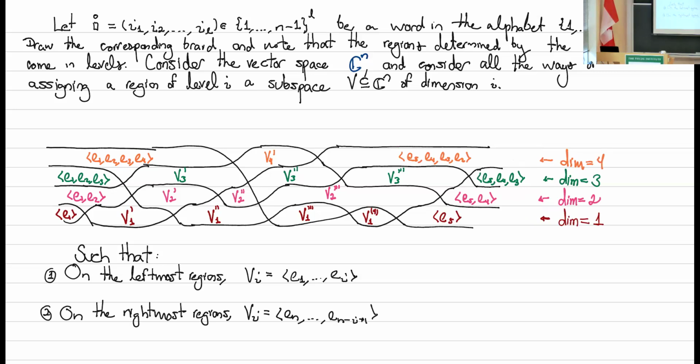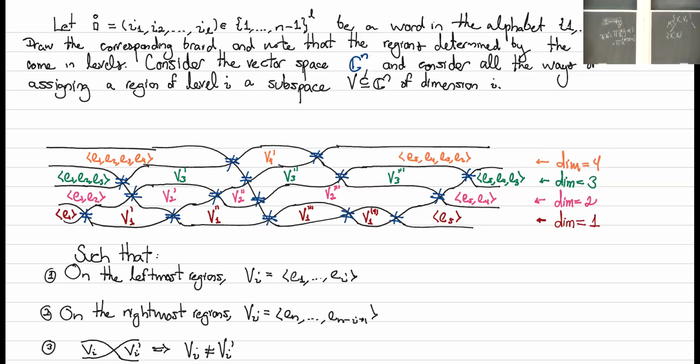Okay. Then I want the crossings to give me inequalities. If I have a crossing at level i, I want the space Vi to be different from the space Vi prime. So here, V1 prime is different from V1 double prime, which is different from V1 triple prime, and so on. It may be that these two are equal, that's fine.